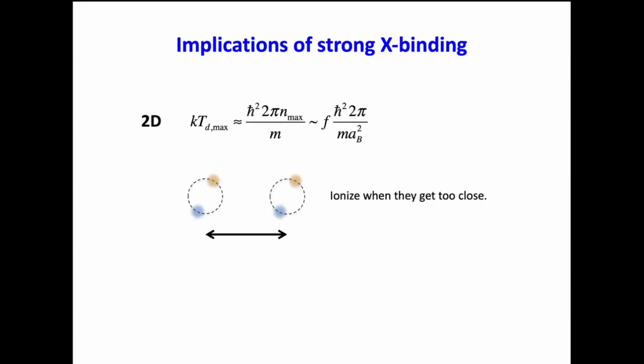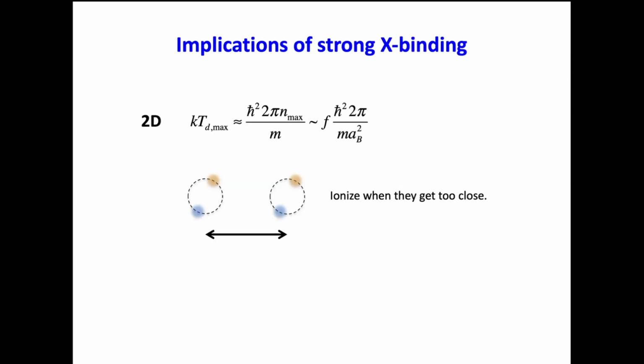So that would have pretty significant implication for the superfluid phase transition temperature for the excitons, for instance. So in 2D, to maximize the degeneracy temperature, you would like to maximize the density of excitons that you can put into the system. But the excitons are composite bosons. They're actually made of electron and holes.